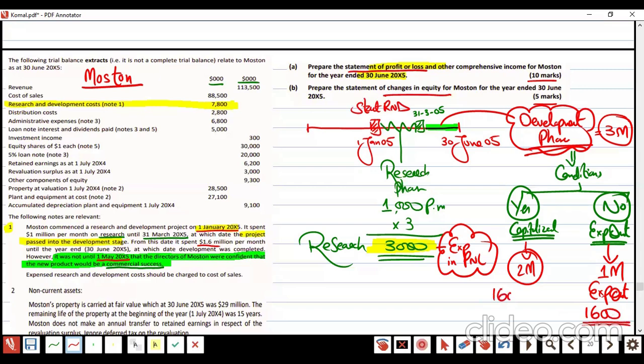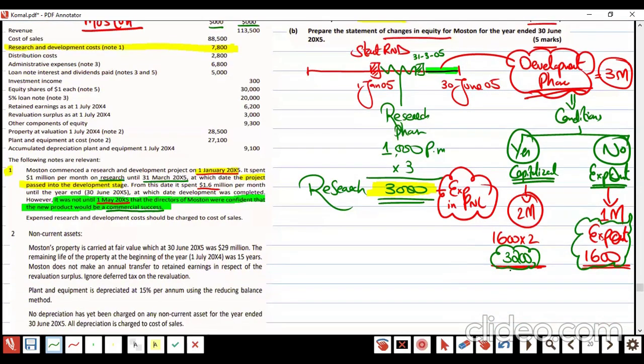So for 2 months it is going to be 3,200. And we know that it's going to be amortized as well. Why? Because development is going to be amortized, right or wrong? How do we do the amortization?